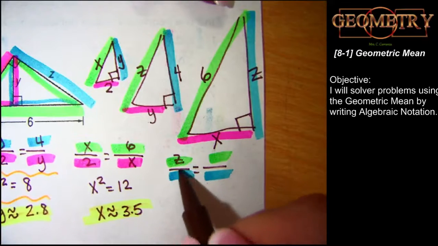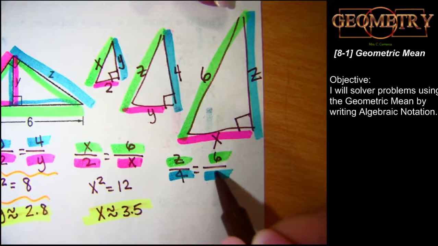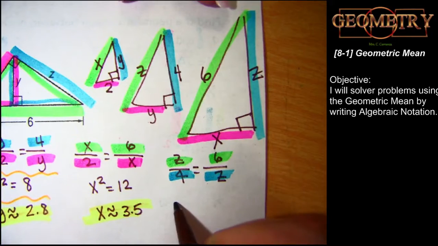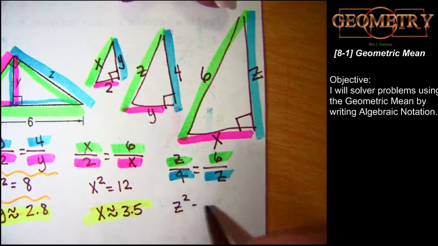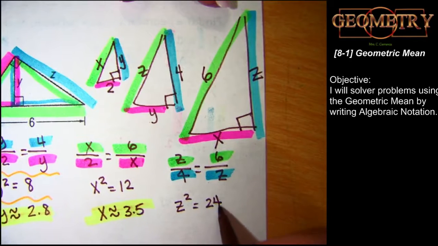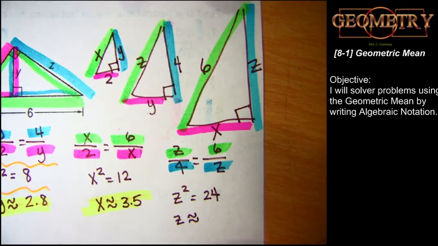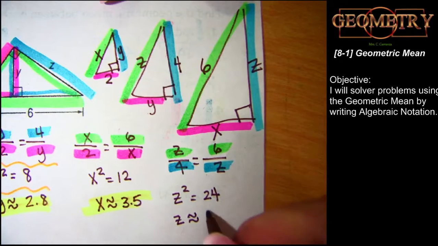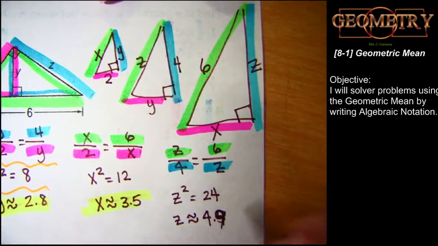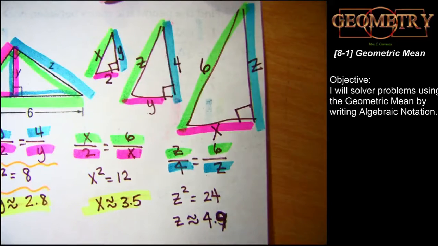So green, blue, cross multiply, and solve. .9. Whoops. I was about to put 4.5.